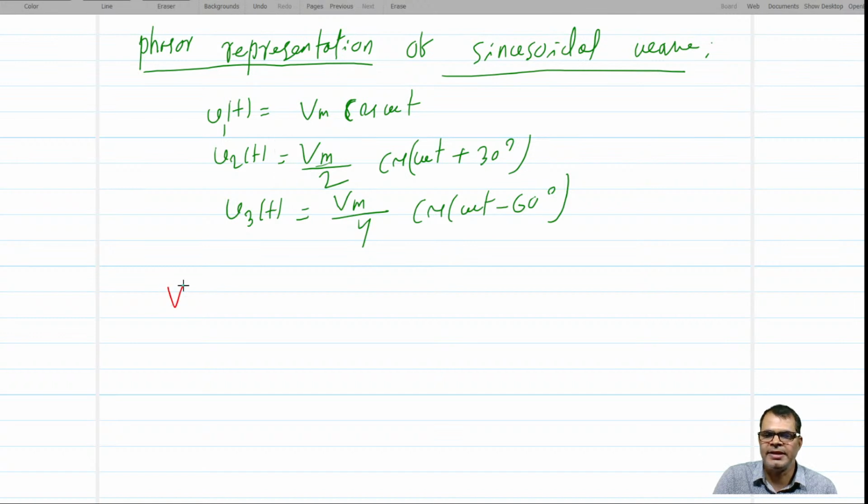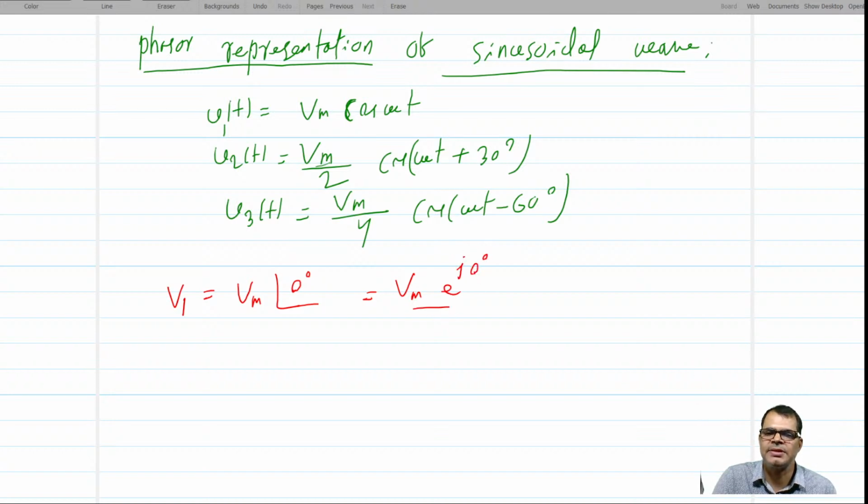So I can write V1 is equal to Vm angle 0 degree, or I can write Vm e raised to the power j 0 degree.